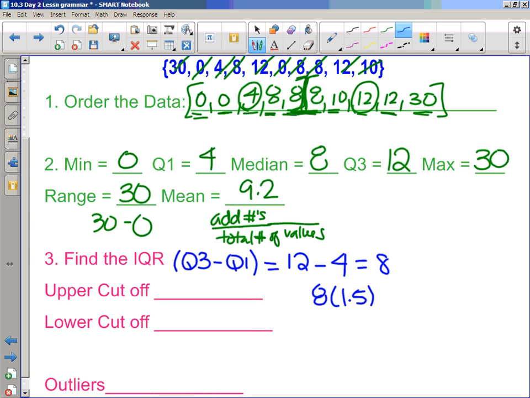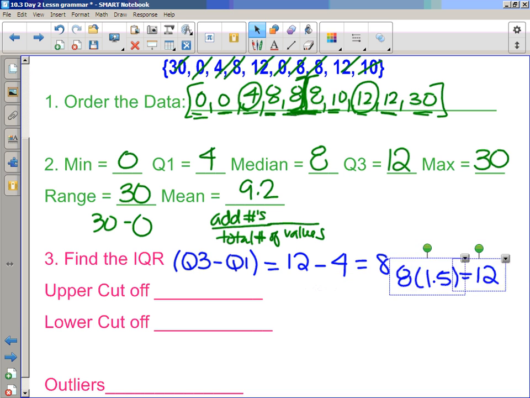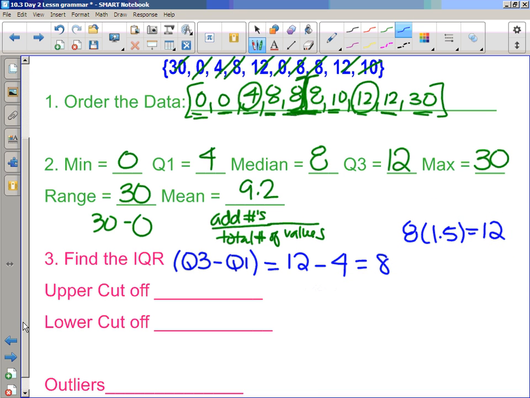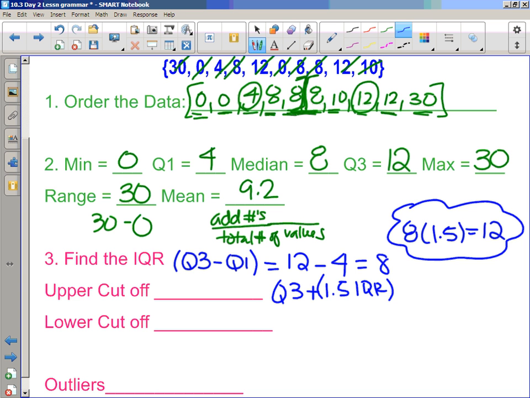So 8 times 1.5 gives me 12. So remember, this one is Q3 plus 1.5 times the IQR, and this one is Q1 subtract 1.5 times the IQR. I already did 1.5 times the IQR, so I take 12 and I add 1.5 times the IQR.